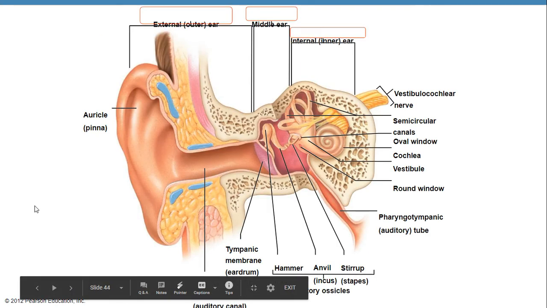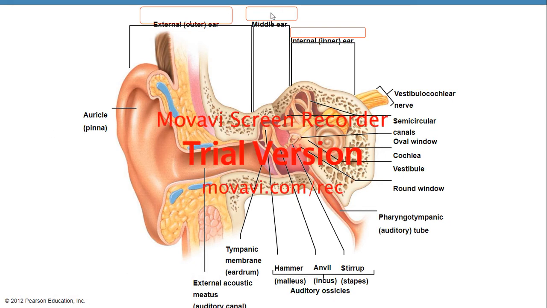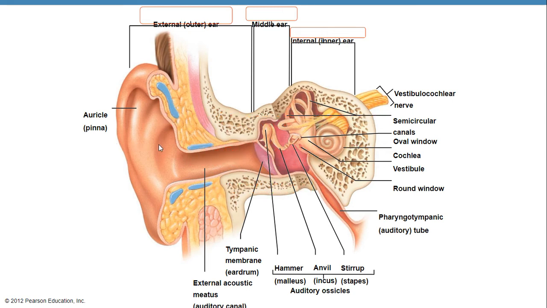And this is a figure that shows you the external ear, the middle ear, and the inner ear. So again, the purpose of the external ear is to channel the sound waves to the middle ear, and then the middle ear is going to transmit it to the inner ear.